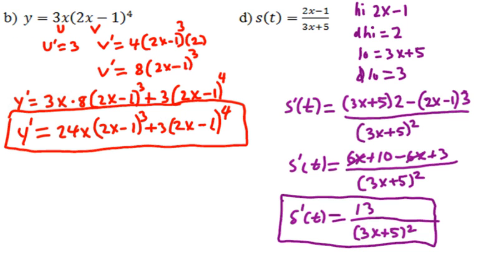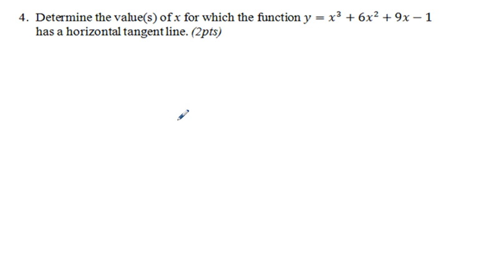Basic differentiation problems. Okay, next. Determine the value or values of x for which the function y equals x cubed plus 6x squared plus 9x minus 1 has a horizontal tangent line. Well, to do that first, we're going to differentiate this function.